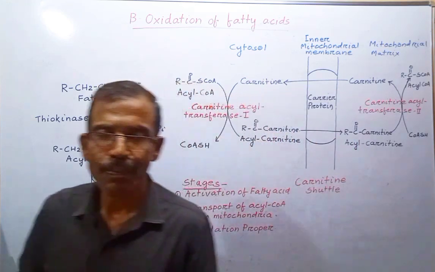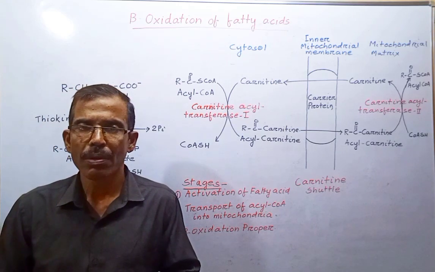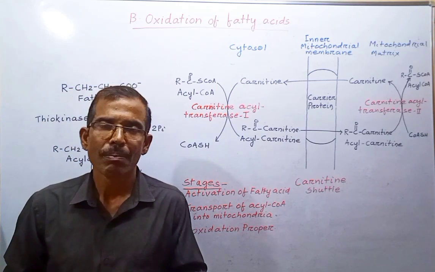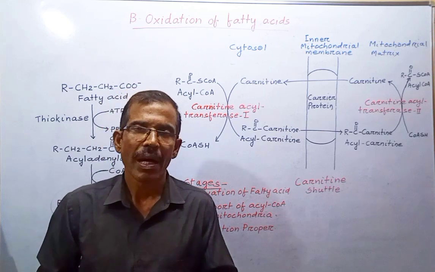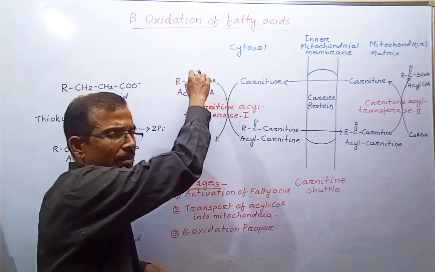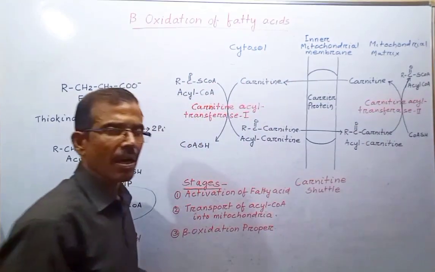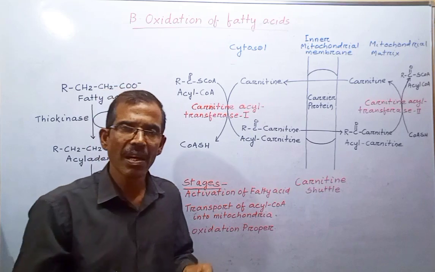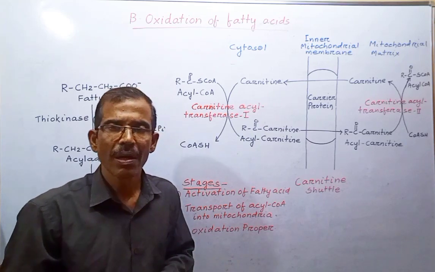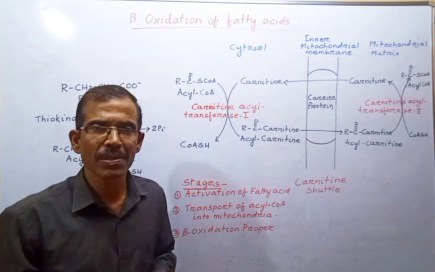Next, stage 2. The inner mitochondrial membrane is impermeable to fatty acids. Because of this, the activated fatty acids, that is the acyl coenzyme A, are transported into the mitochondria by a specific carrier system called the carnitine shuttle. This occurs in 4 steps.